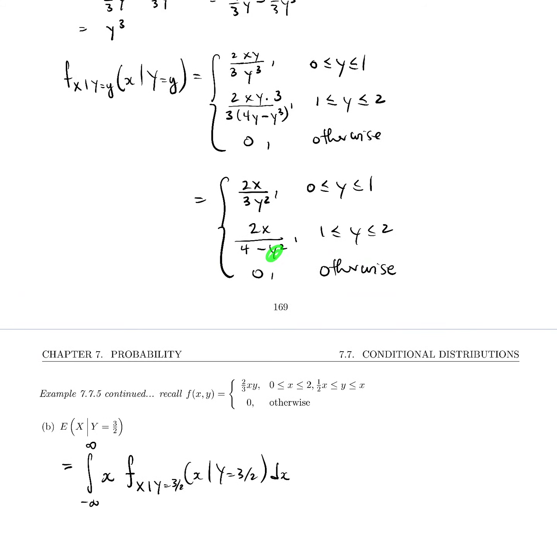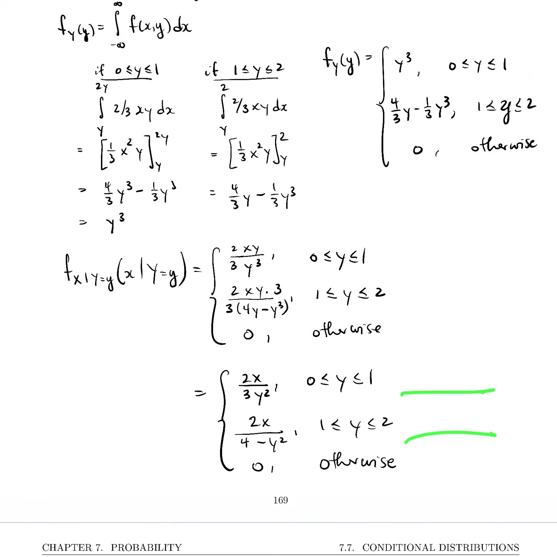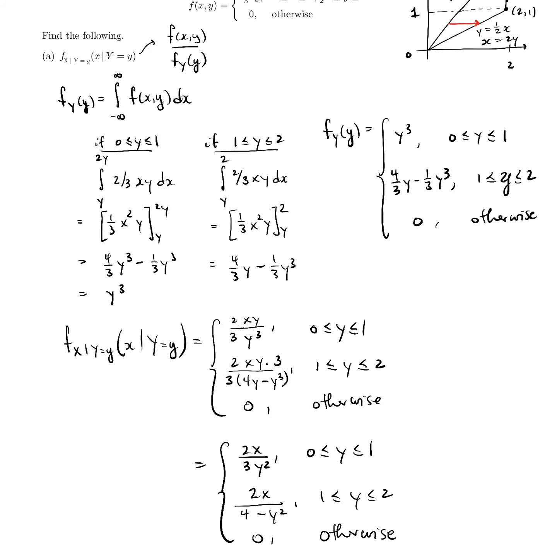And then we need to figure out the bounds for x, which actually I probably should have done back here. So let's go back and see what we had for the bounds for x. If y is going from 0 to 1, that's this piece. If y is going from 0 to 1, then x goes from y to 2y, right? So that should have been here as well: y is less than or equal to x is less than or equal to 2y.